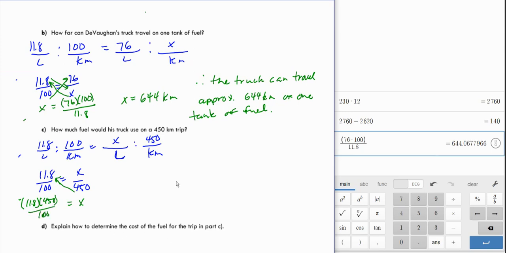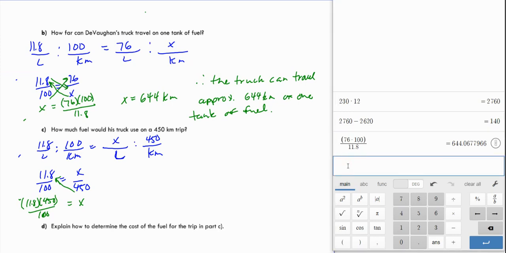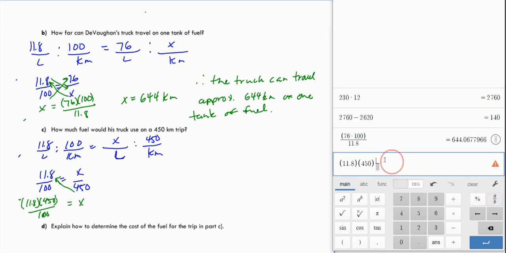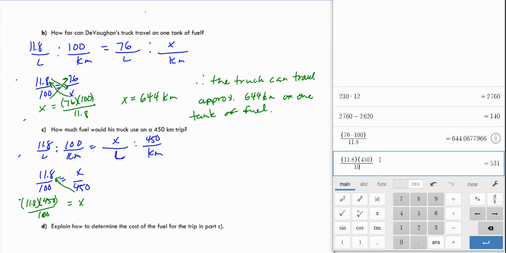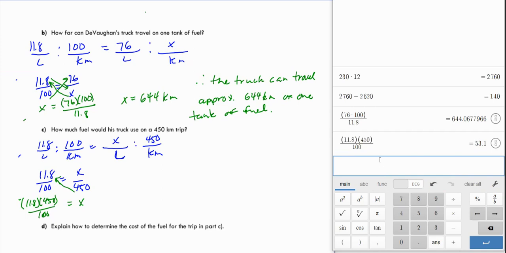Well, let's bring that over here to our calculator. 11.8 times 450, divided by 100 equals 53.1 liters. Okay, so it will take about 53 liters.